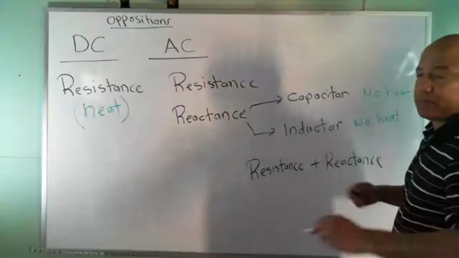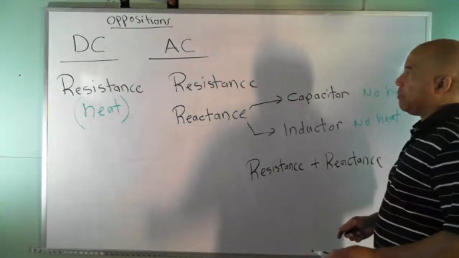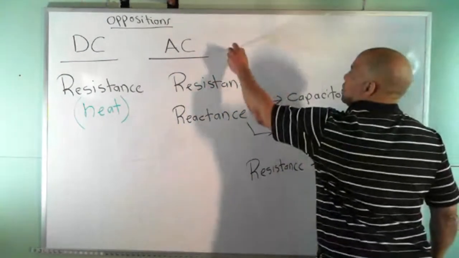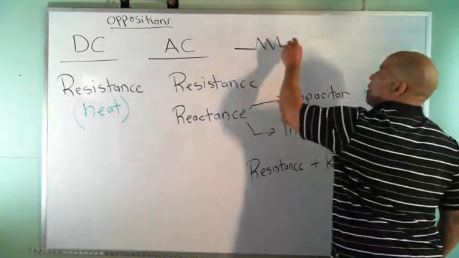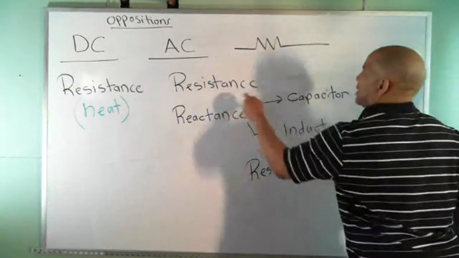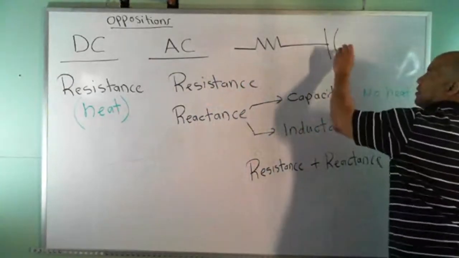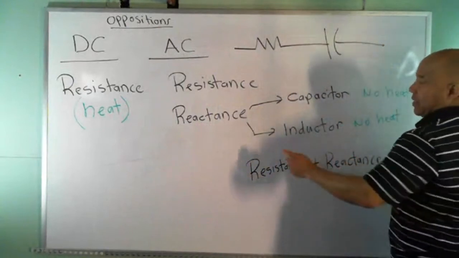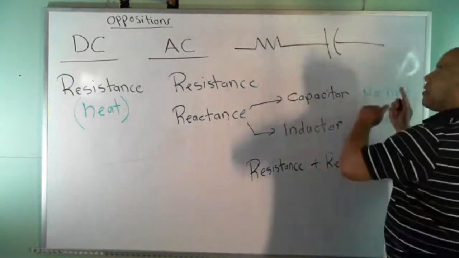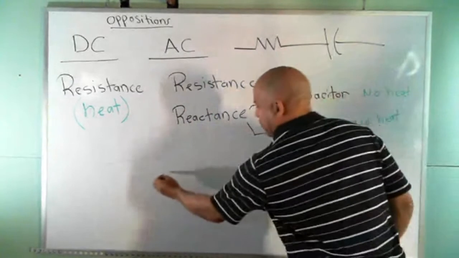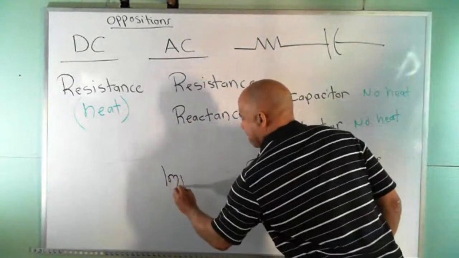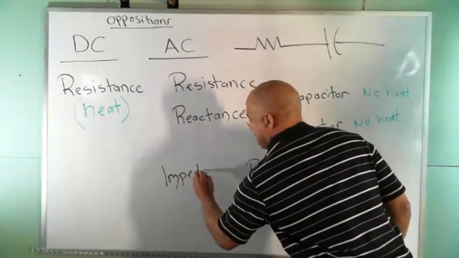When I have a mixture, say I have a resistor, well, that's resistance, and I have a capacitor like that in an AC circuit, that's reactance. Well, the two together, we call that impedance.